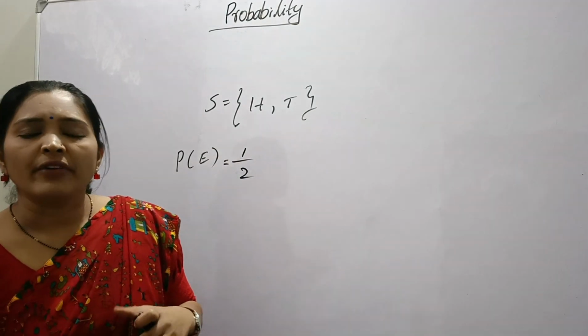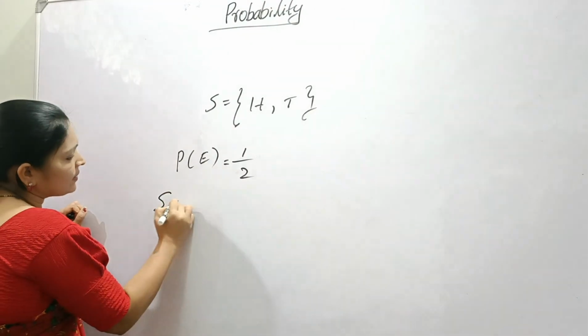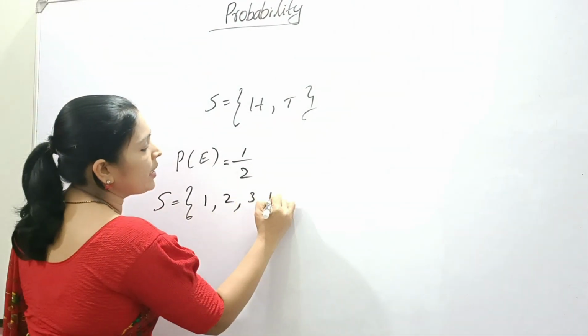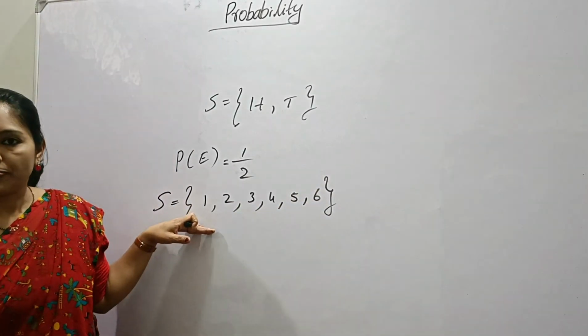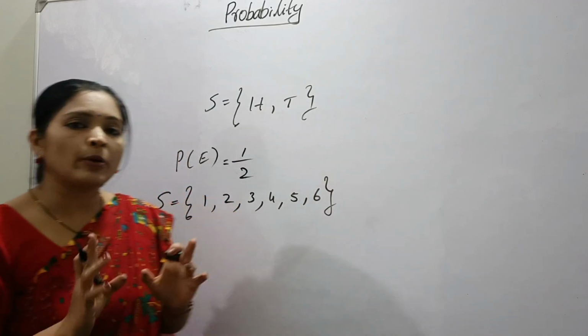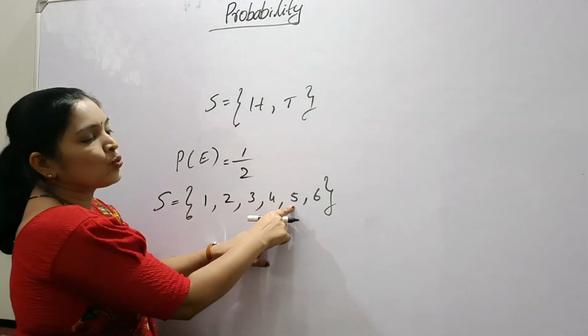Another example: when we roll a die, what is the sample space? We get either 1 or 2 or 3 or 4 or 5 or 6. There are 6 possibilities. So what is the probability of getting 5? The number of favorable outcomes is 1.